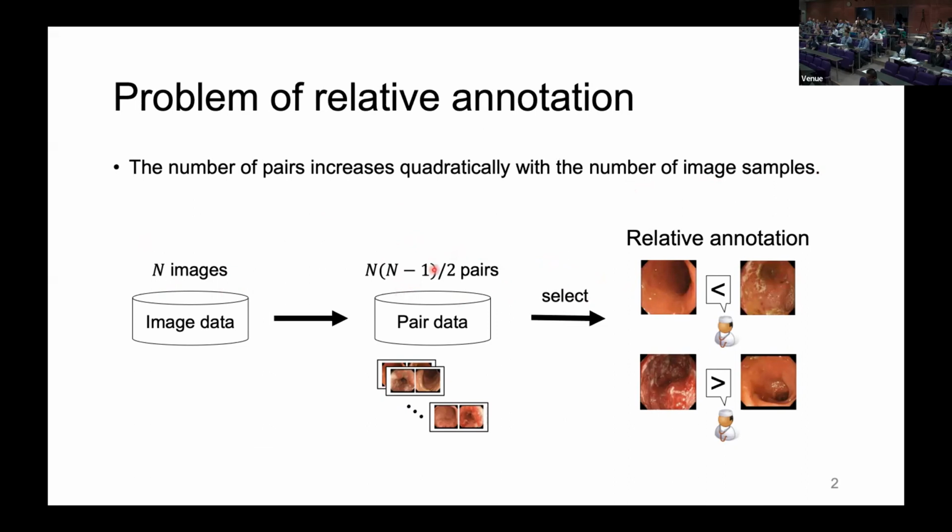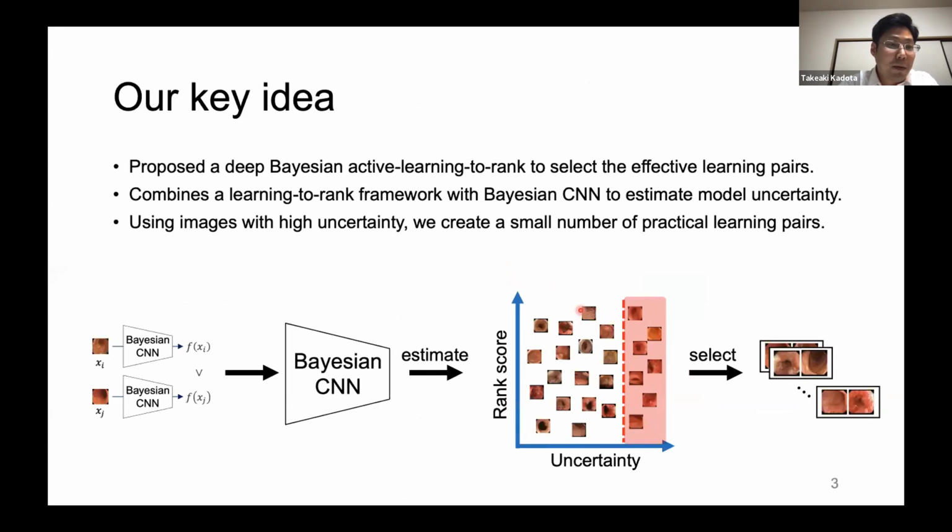Since the number of pairs would be very large if relative annotation were performed on all pairs, it is necessary to select the pair with the best learning effect. Therefore, we propose a deep Bayesian active learning to rank to select the effective learning pairs.